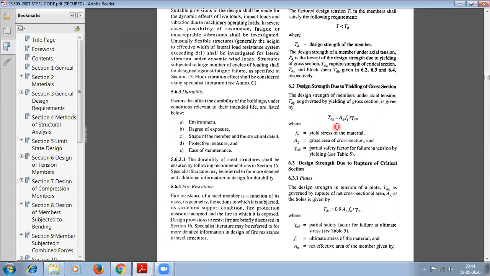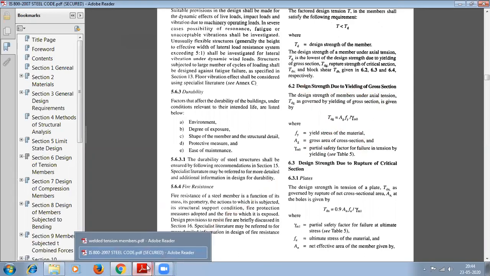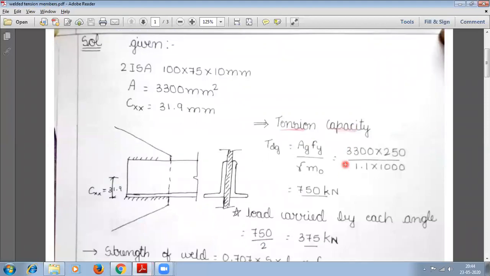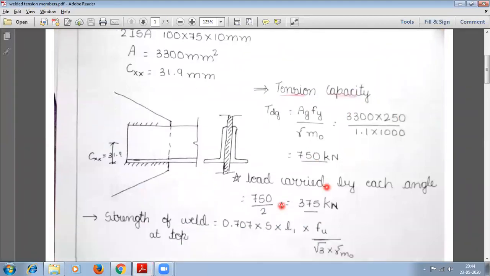Use this equation and find out the Tdg value, that is the tension capacity. Now if you find this, you will get 750,000, which converts Newton to kilonewtons. fy is in Newton per mm square, fy is an assumption, 250 Newton per mm square is the unit. So that will become 750 kilonewton when you divide it by 1000.